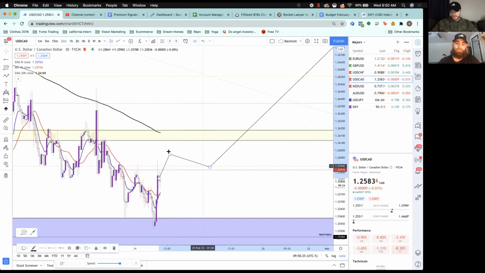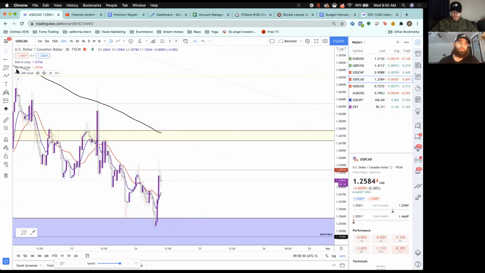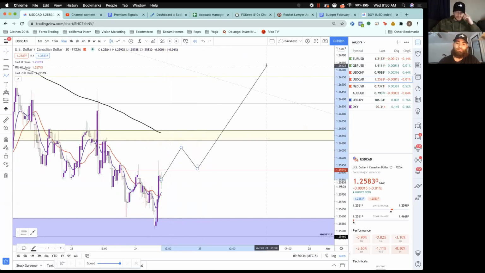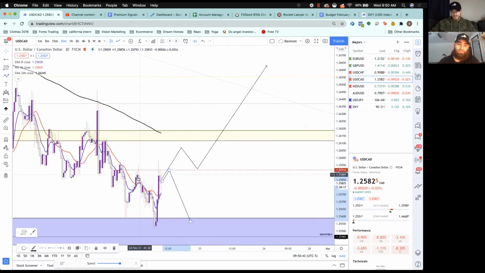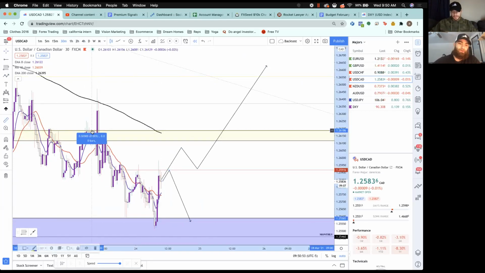Let me just clean this up a little bit. So we're looking for that break, guys. I'm going to take this off. We're looking for this break, little retest, and then entry. If this thing does respect this level as it is right now, and we get a bearish engulfing very similar to this off of the level, or look at this previous area, this thing rejected this level, not a lot of conviction, and then it just shot up, which we could have got caught in a stop loss situation.